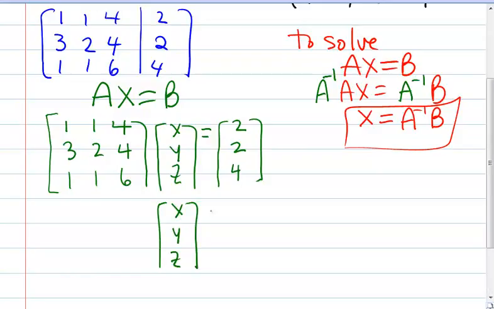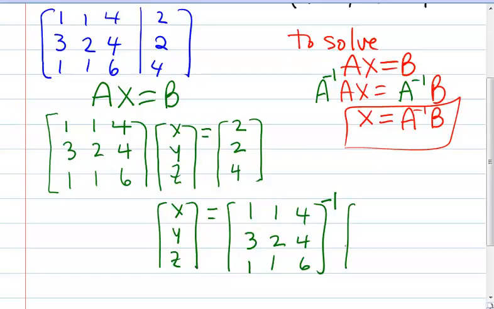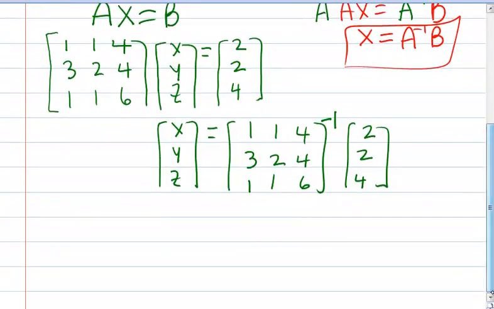I have the variable matrix is equal to A inverse times B, which is 2, 2, 4. In the last video, I found out what the inverse to this matrix was using the Gauss-Jordan method.